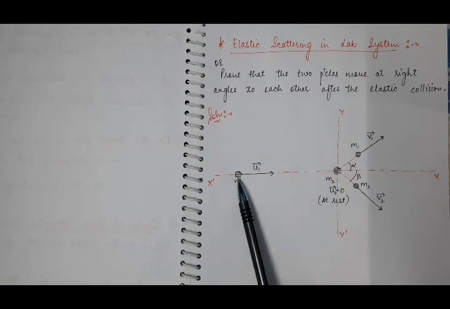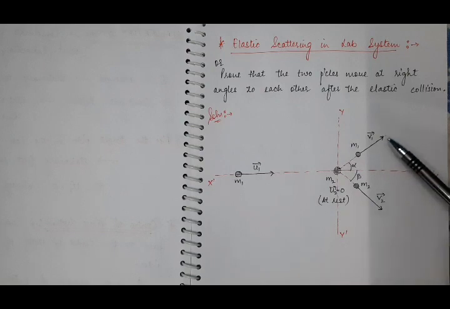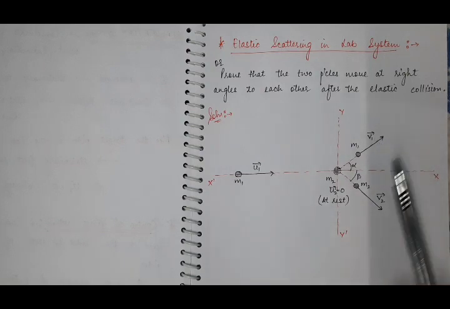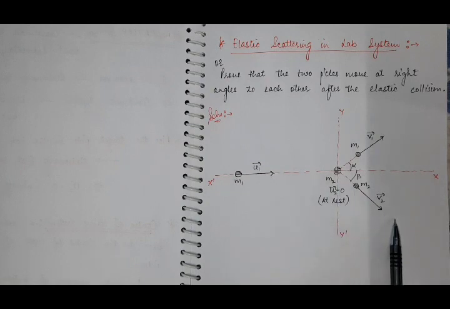Then this particle will be scattered by angle alpha in this direction. After collision, its velocity is v1. The target particle will recoil in this direction, and its velocity is now v2, the final velocity of the target particle. It is scattered through angle beta.